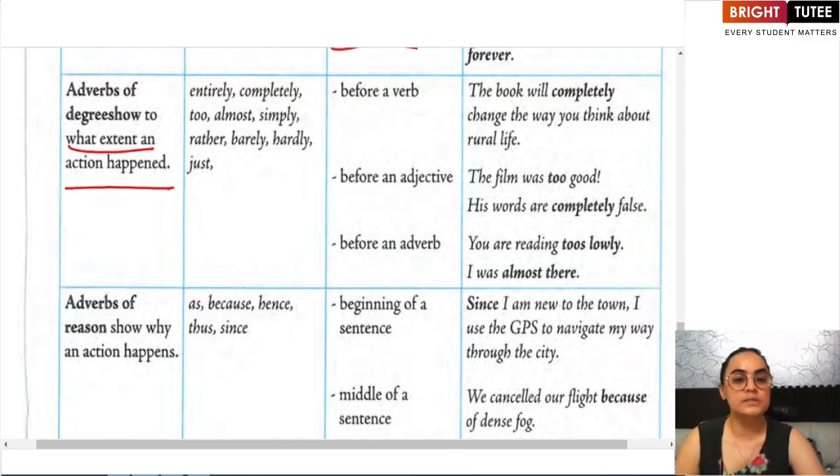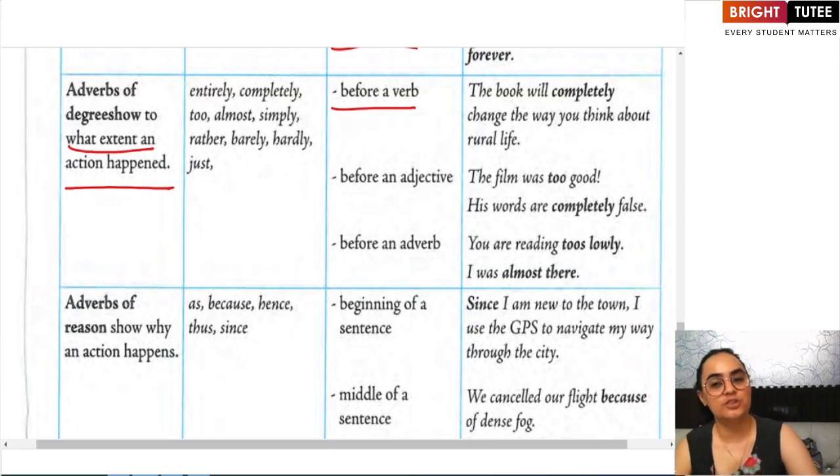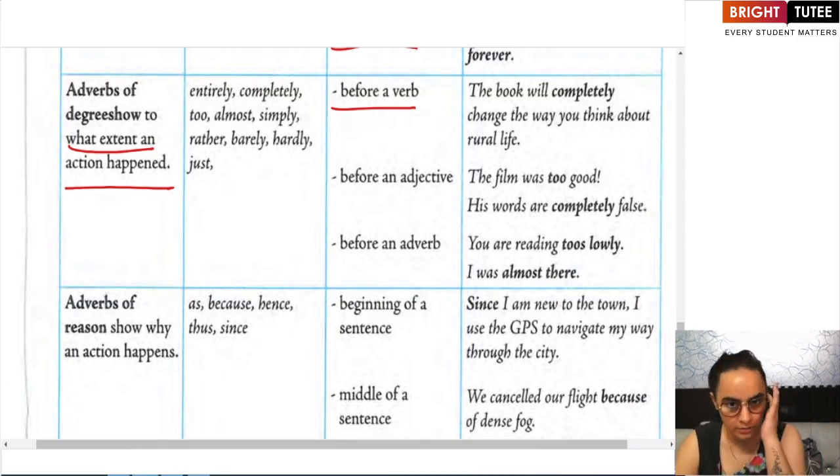We use the adverbs of degree before a verb. The book will completely change the way you think. This course will help you think in a new manner, or will entirely help you think in a new manner.